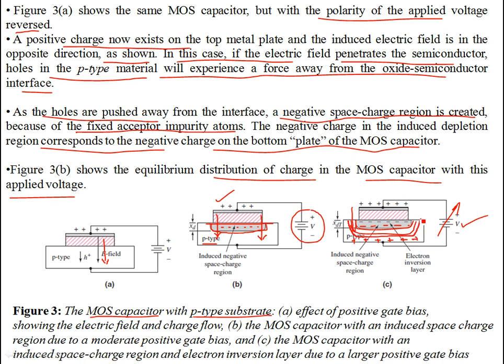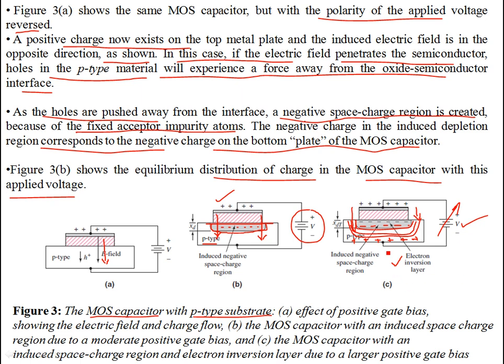As you increase the voltage, more and more charges are forced towards the negative terminal of the supply battery, and the depletion region increases. This region consists of the electron inversion layer, the negatively charged carriers, which is responsible for the establishment of the electric field. So the width can be controlled by the voltage applied between the metal plate and the semiconductor substrate.